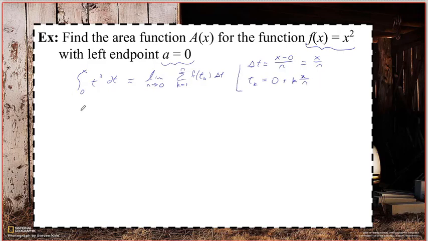Okay, so with that information, let me figure this limit out. So my f of t is my f of this, which means I'm going to square those, because we're dealing with the function x squared. So k x over n, squared, times delta x.